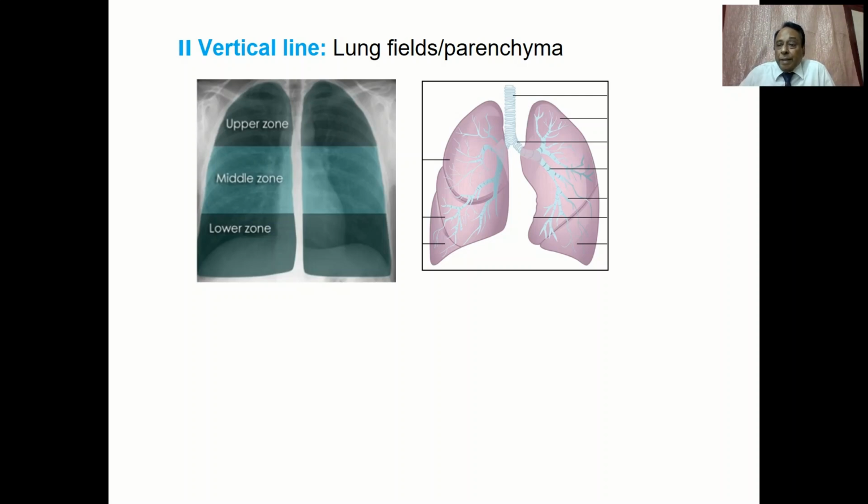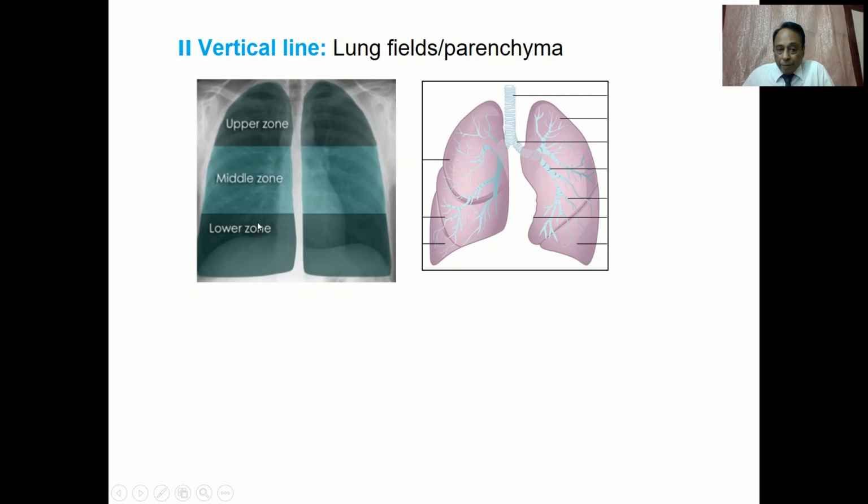So you cannot exactly pinpoint the density or pathology. That's the reason why we divide the X-ray into three zones. Either the density belongs to the upper zone, that is a pneumonia or atelectasis belonging to the upper lobe or upper zone, or the mid zone or lower zone.